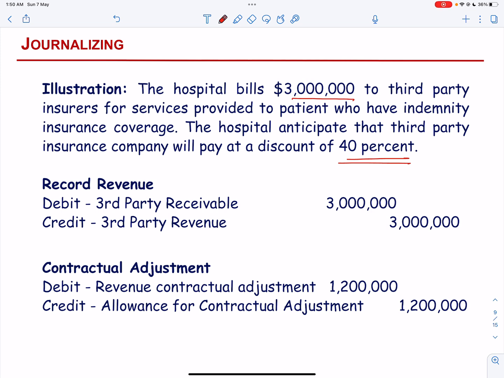So let us generalize the transaction in the hospital. First of all, again it is third party receivable, and receivable is debited by 3 million, and third party revenue is credited by 3 million as we have done in the previous example, and this is the revenue that is expected from the various insurance companies.